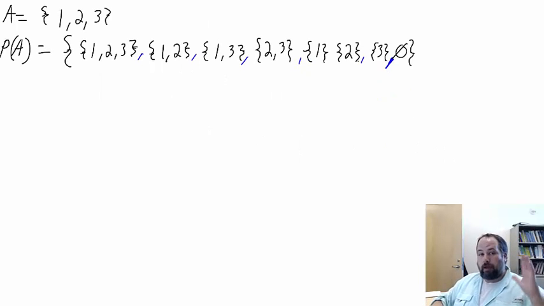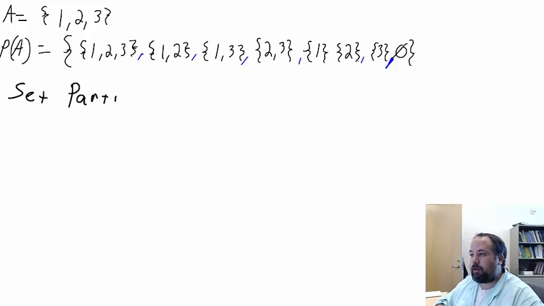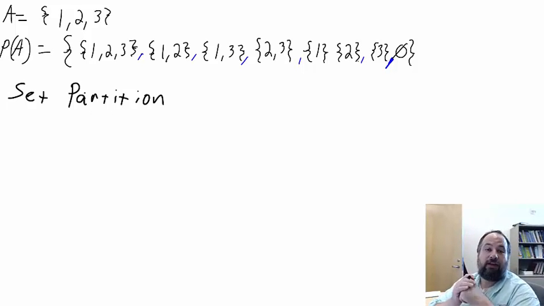Okay, now that we understand that we can have sets of sets and we have this thing called a power set, there's another important concept we need to be aware of called a set partition. So a set partition is a set of sets based upon an original set that meets the following criteria.